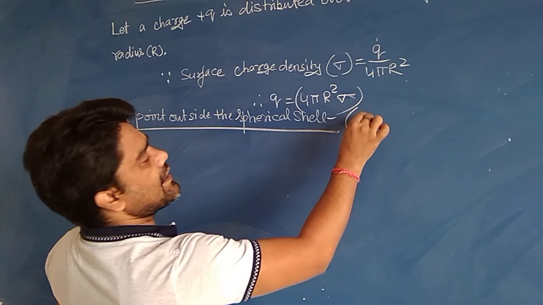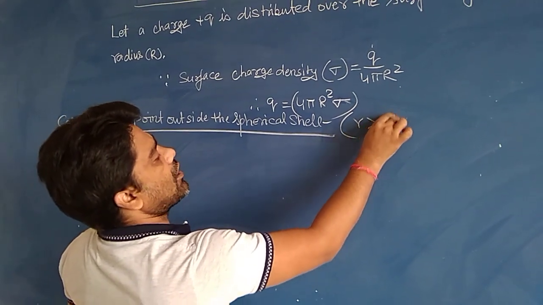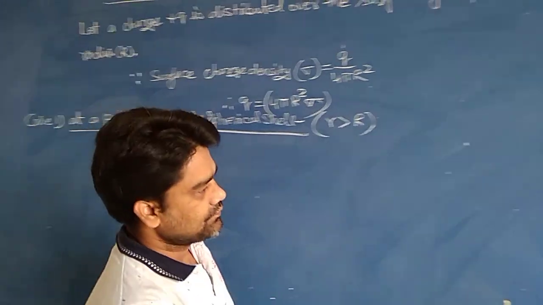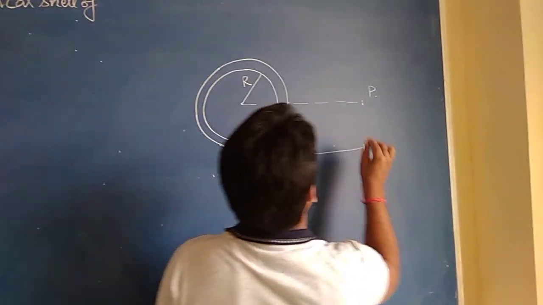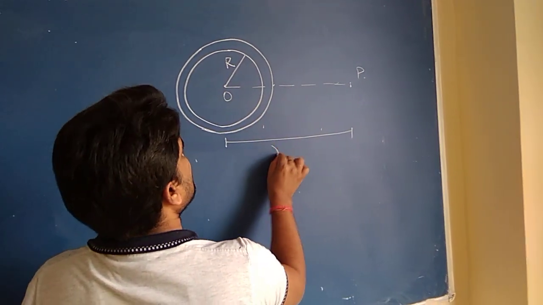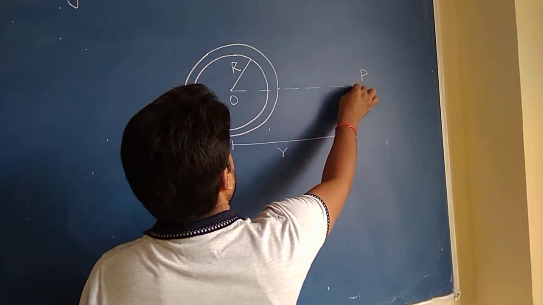We can also write in symbol small r is greater than capital R. It means the distance of point P from the center is greater. Now look here.